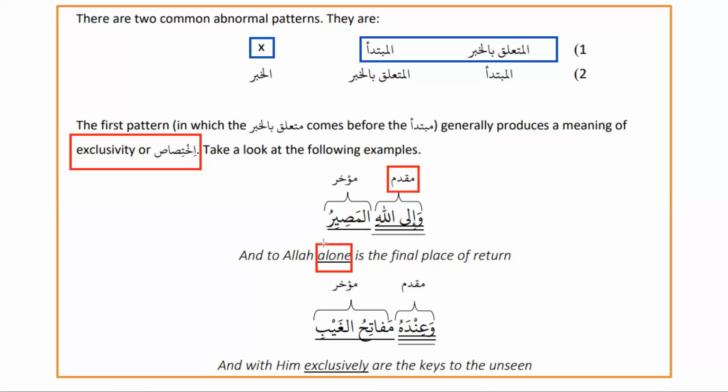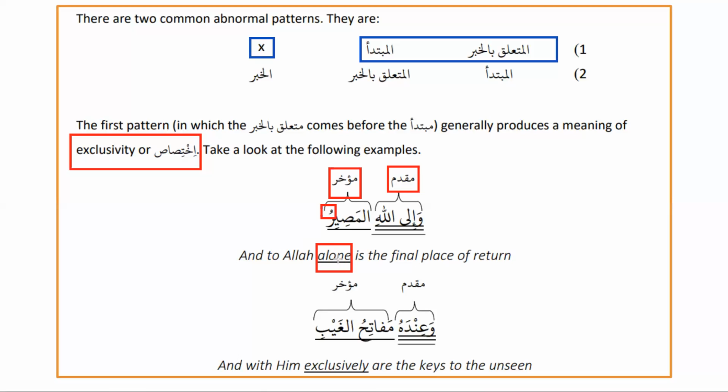Khabar is mahzoof, and wa ilallahi masir. Al masiru is mubtada, it is rafa, and it is muakhar. So to Allah alone is the final place of return.